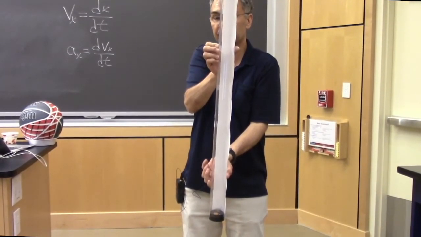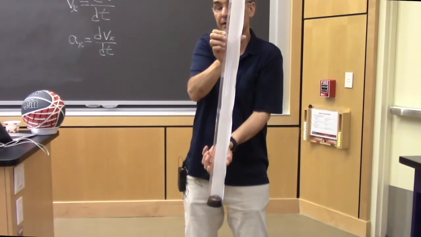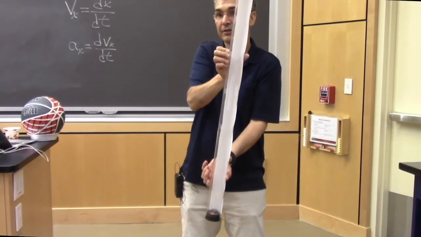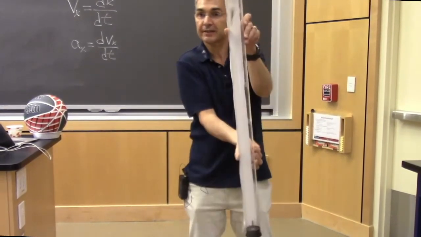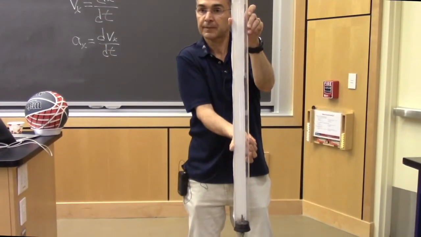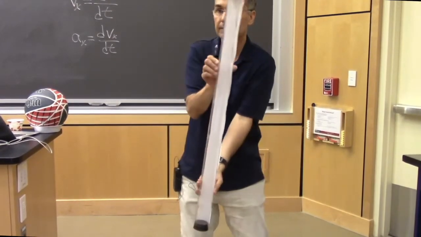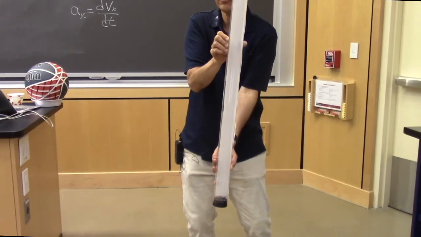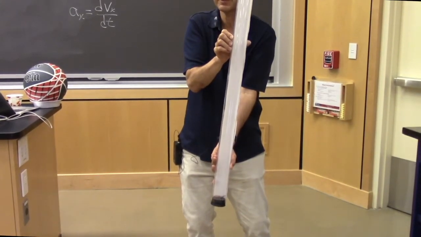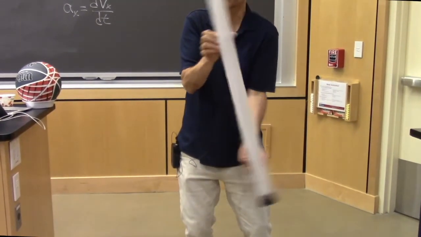But, okay, you heard the penny fall, and then several seconds later you saw the feather still traveling downward. Let's flip it over and try again. Okay, so the penny reaches the lower end and even bounces a little bit, and the feather is still making its way down.